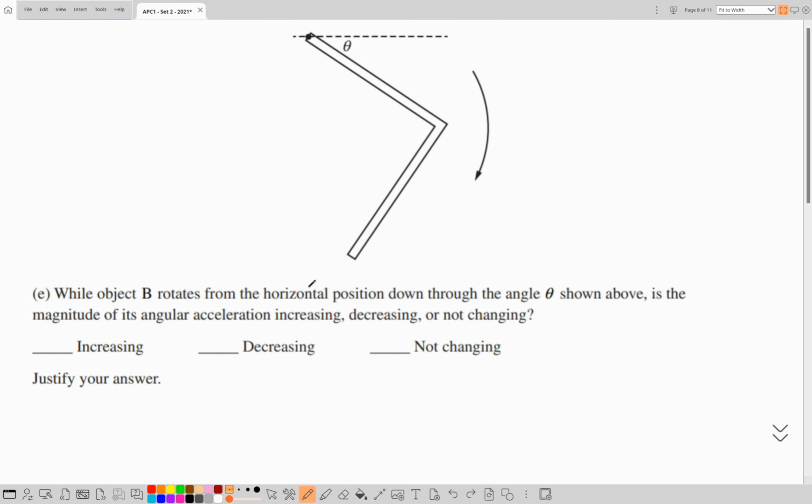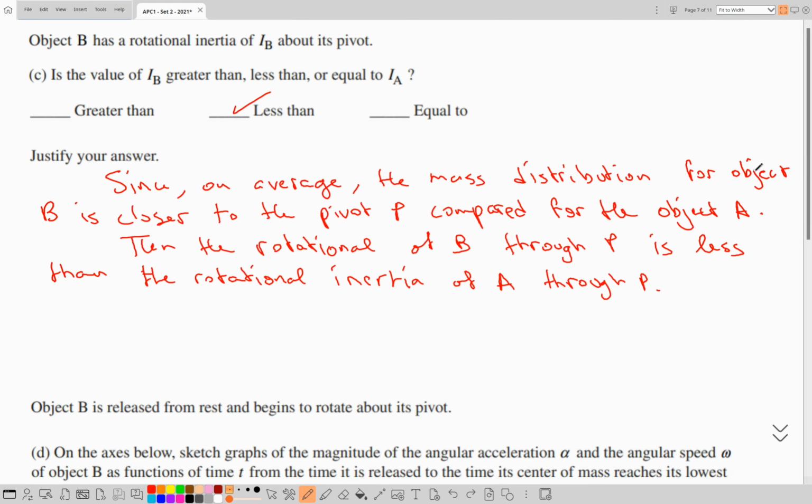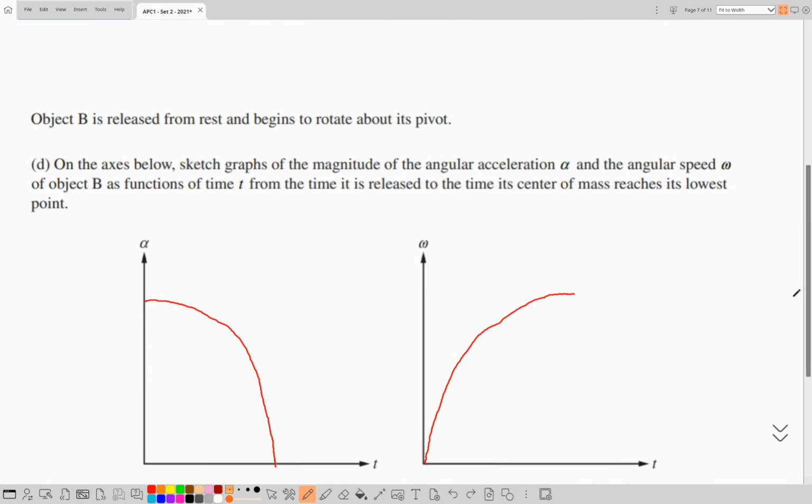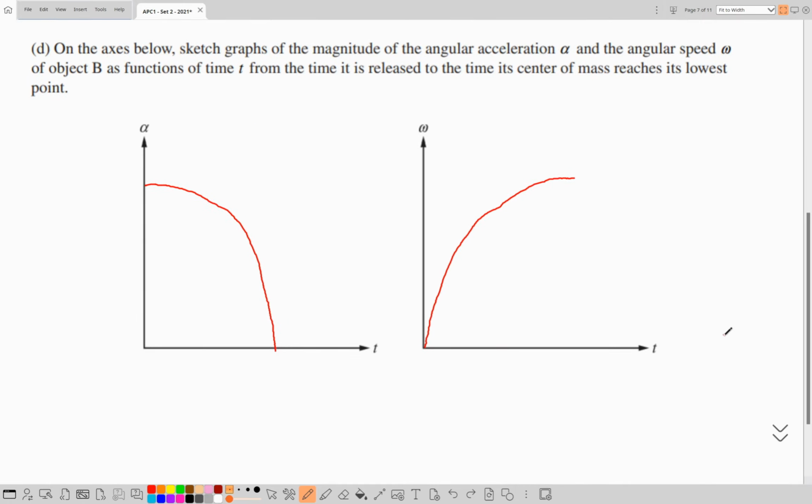Now in part E, we refer to the figure above: while object B rotates from the horizontal position down through the angle theta shown above, is the magnitude of the angular acceleration increasing, decreasing, or not changing? We know that it's decreasing, and this is always the case because we're going through the equilibrium position, and at the equilibrium position the acceleration momentarily vanishes.